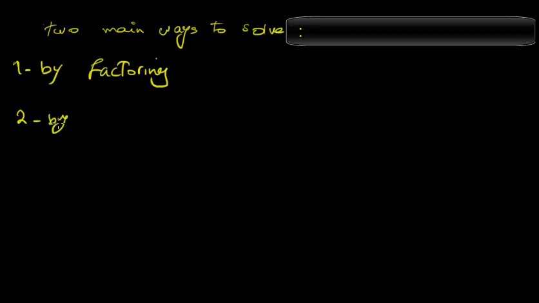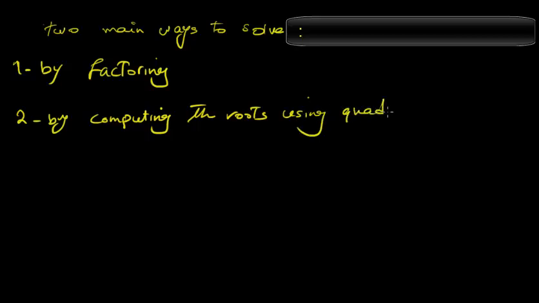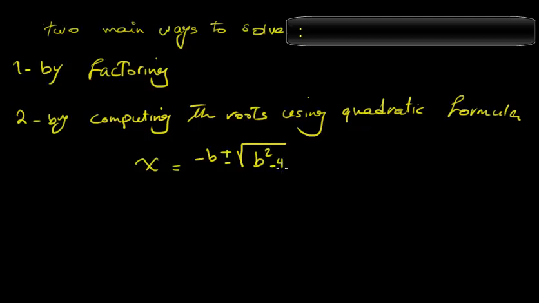So by computing the roots using the quadratic formula, which is x equals minus b plus or minus the radical of b to the second power minus 4ac, over 2a.